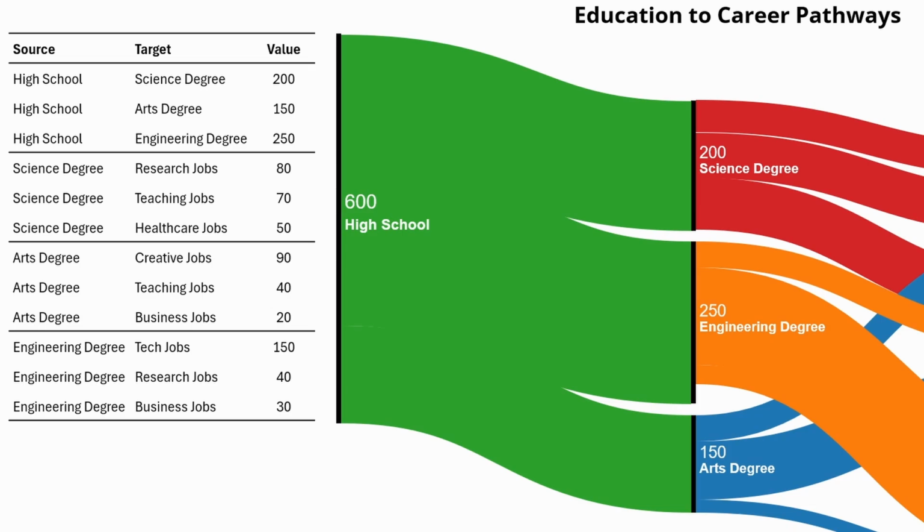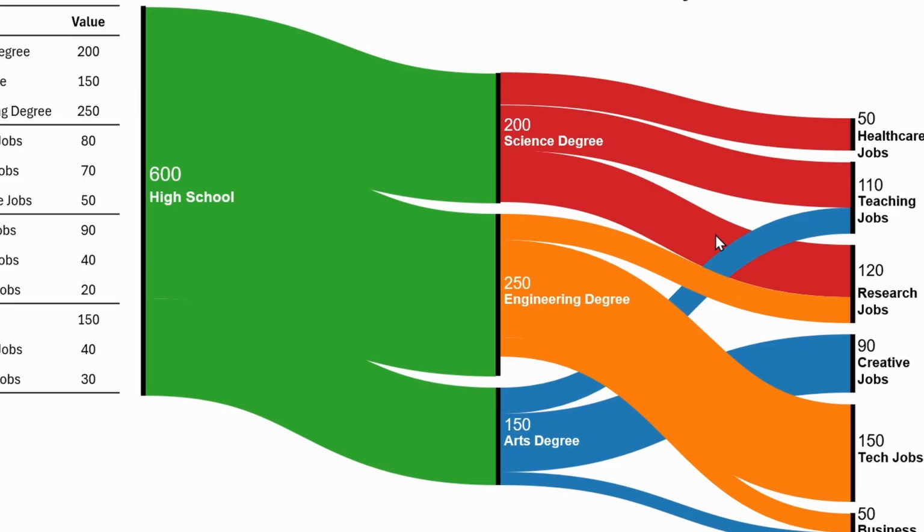RAWGraphs treats every unique label in both the source and target columns as a node. Then it looks for any node that appears both as a target in one row and as a source in another row. If it finds any double appearances, RAWGraphs will place it in the middle layer. So on the left hand side, it will get connected upstream to its sources, and on the right hand side, it will get connected downstream to its targets.